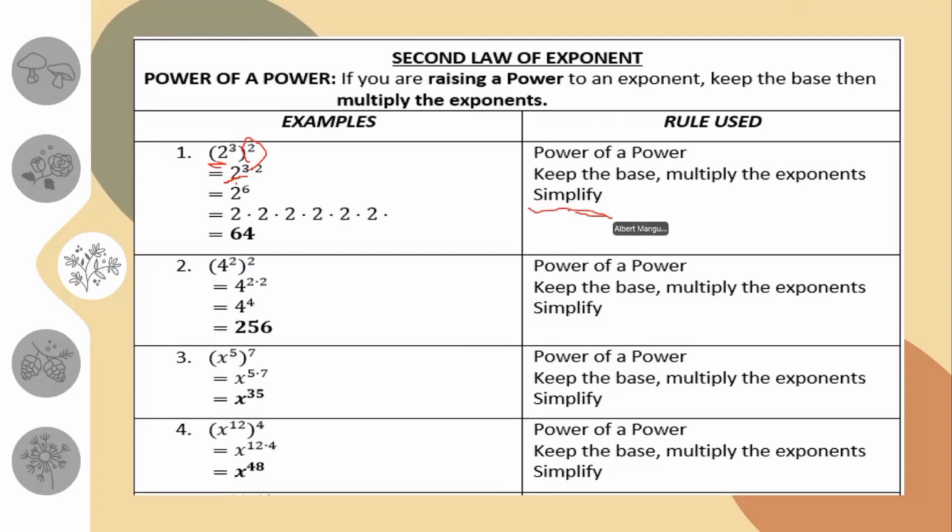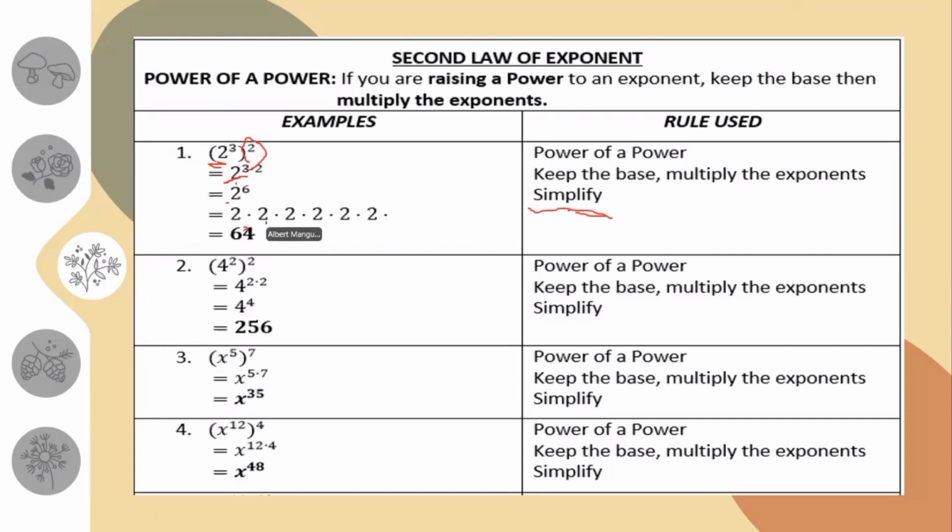Okay? And in simplifying your answer, what you will just do is to expand the given exponential expression. So 2 raised to 6 siya. So you have to multiply 2 how many times by itself? 6 times. Very good. So you have to expand that one. It will give us 2 times 2.